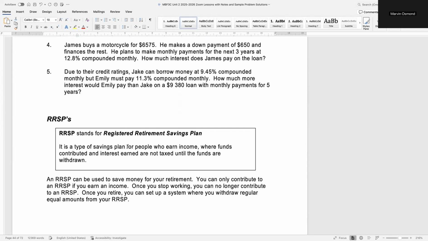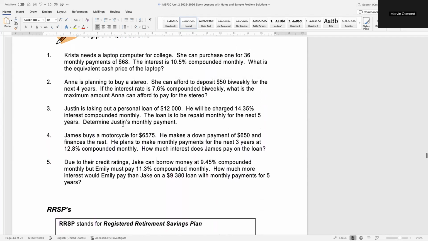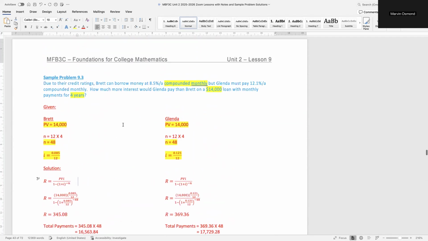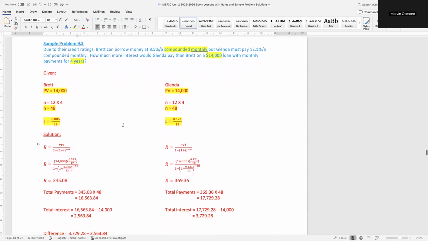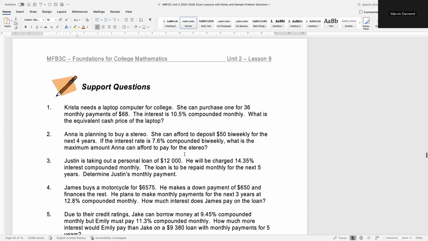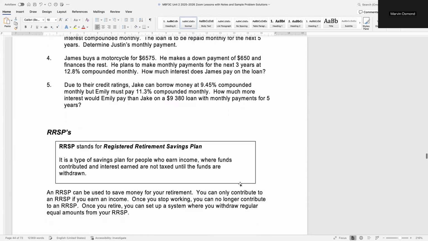These support questions shouldn't be that big a deal for you now. So you just need to read each of the questions and then write down what you're given, and then go back up to the 3 examples. So 9.1, 9.2, 9.3 sample problems, and see which one is similar to which one of these, and then use it to help you solve that problem.